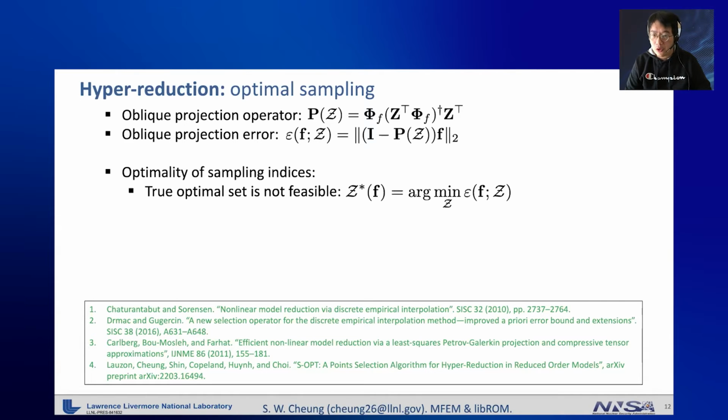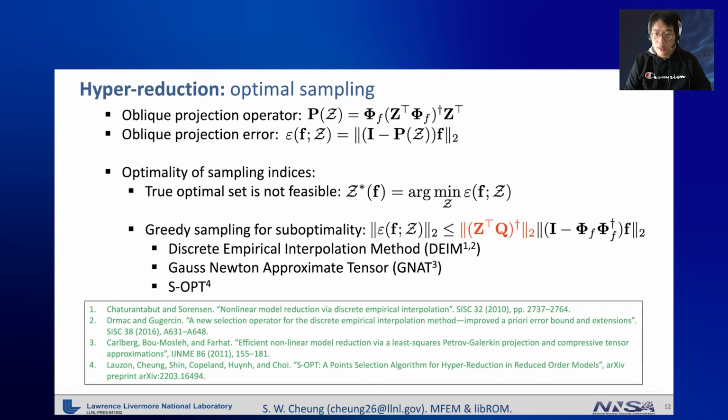However, the true minimizer depends on the nonlinear term vector, which is invisible. Luckily, we have derived some suboptimal error bounds, which are universal for all source terms, and the constant is independent of the sampling indices. So we are satisfied with minimizing those error bounds.